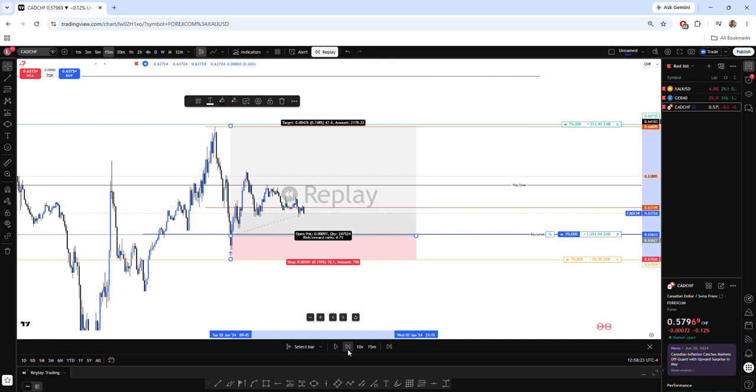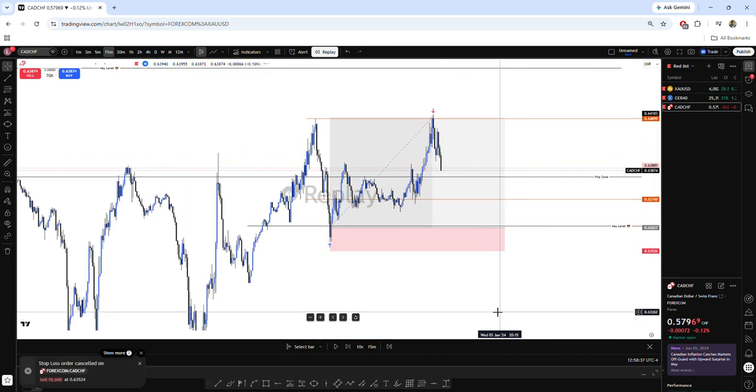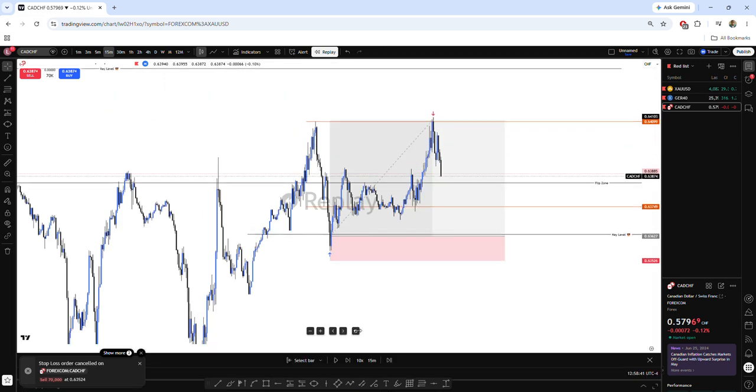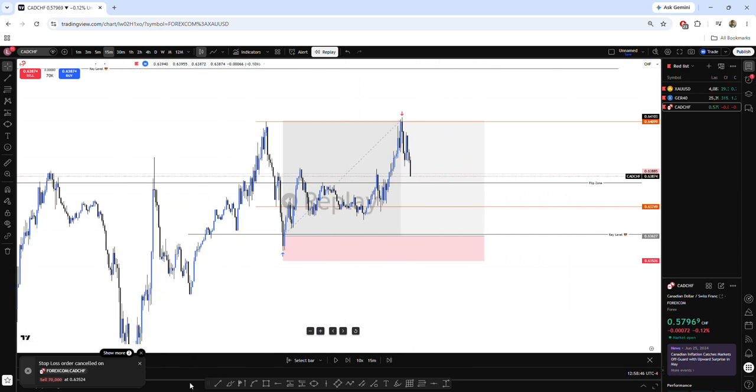So not panicking, obviously TP1 at the 50 would have hit already, and then see, smacked just like that. Okay, and let's see how much that was. 7,000 rand. Yeah, depending on the account size, 7,000.